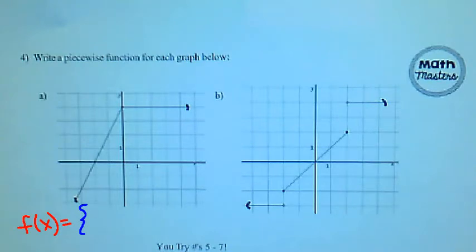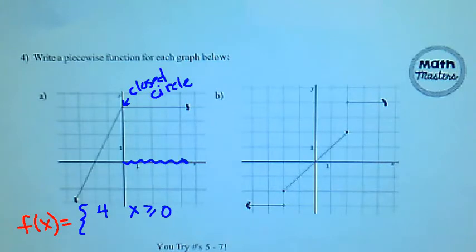This is a vertical line, so this would be 4. My x value starts at 0, and it's a closed circle, so it's included. So when x is greater than or equal to 0, which means everything this way, that is this line right here.